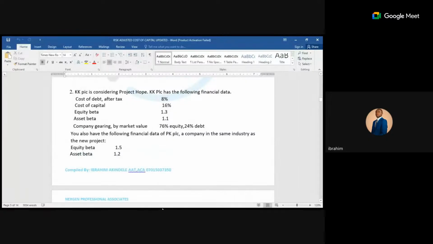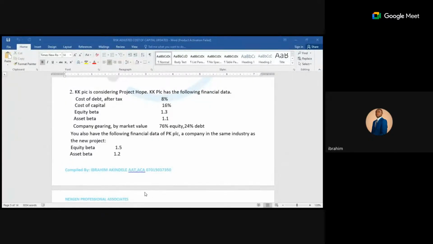Don't forget that project specific cost of capital, or appropriate cost of capital, or risk adjusted cost of capital, occurs when a company is diversifying. When you are into one line of business and you want to go into another line of business, you have to consider that risk, which is the business risk in that particular industry.